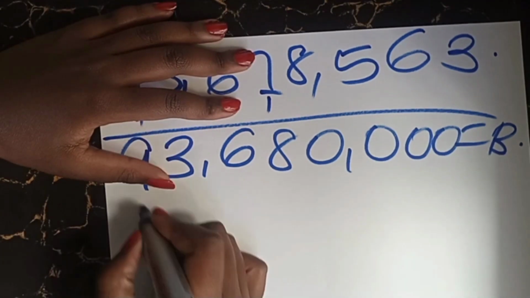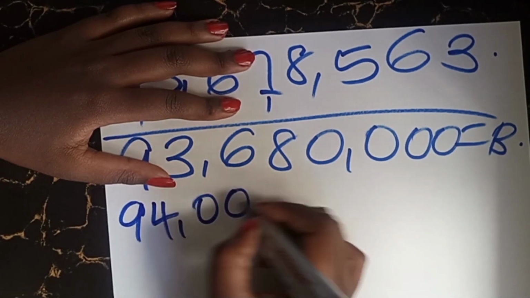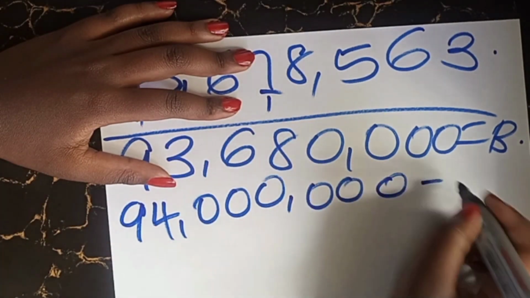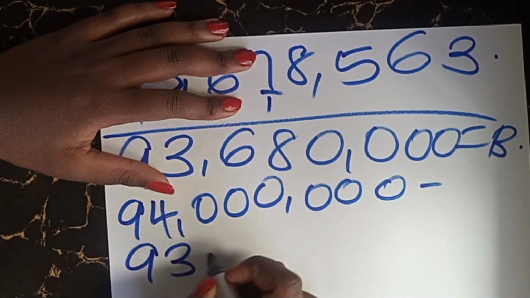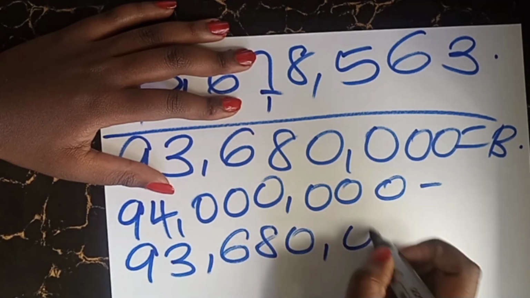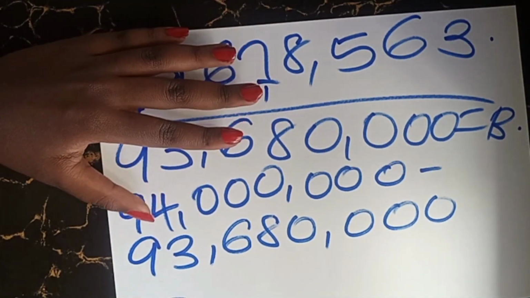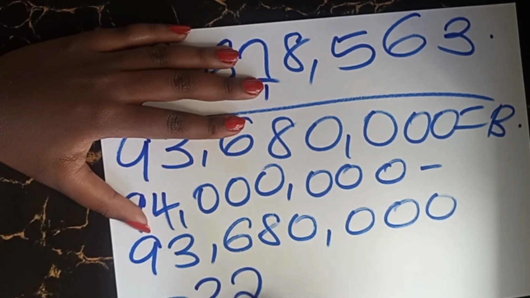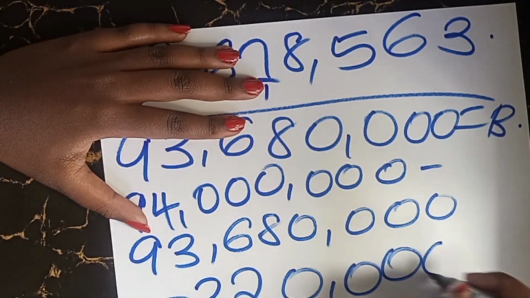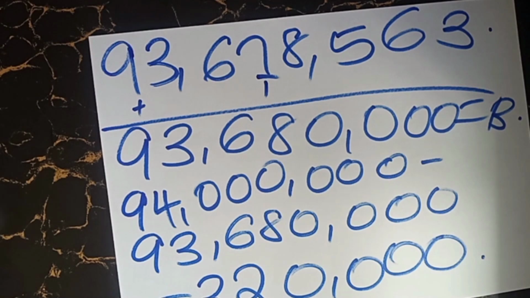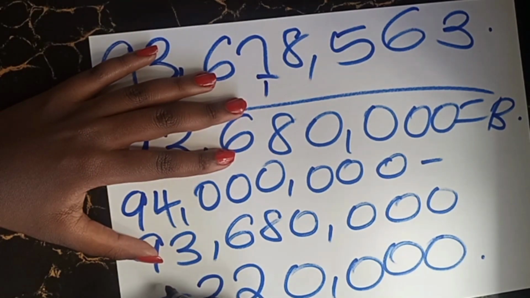So when we do that, we'll subtract 94 million minus this one here. When you subtract this, you're supposed to get 320,000 shillings. I forgot to include the units.